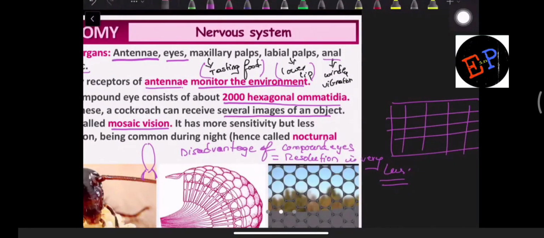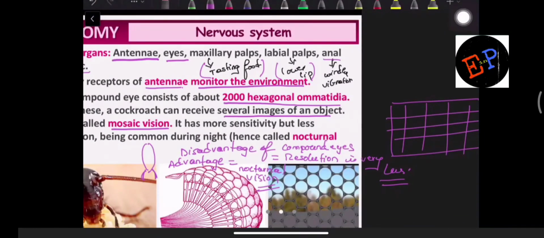But there is one advantage also. What is the advantage? The advantage is nocturnal vision. Nocturnal vision means they are able to see even at night times. So this is the advantage of compound eyes.